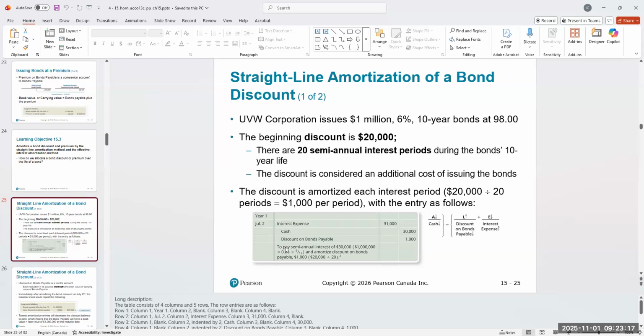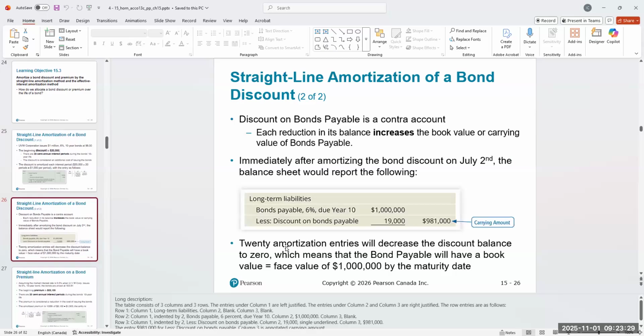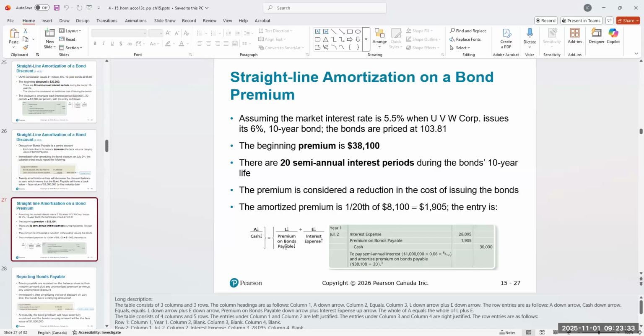It looks like the straight line amortization on property, plant, and equipment. It's pretty much the same. There's no difference in that one. It's equal for the discount and the premium. The premium is the same: you take the amount of the premium divided by the number of the payments, and every payment you amortize exactly the same amount. And that doesn't change.